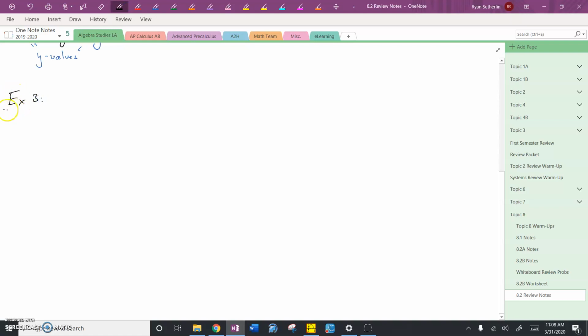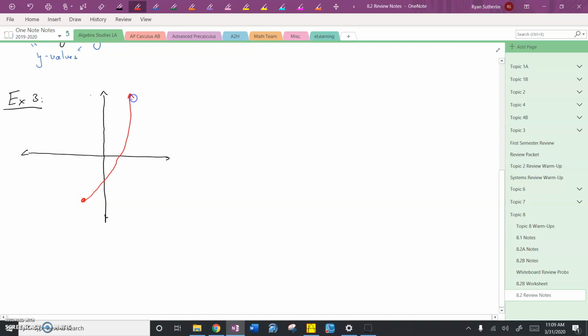For this one, you are given a parabola that, I'm going to sketch a little picture of our graph, and it's going to look something like this. So it's a parabola that opens up.